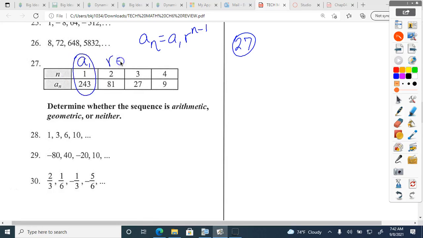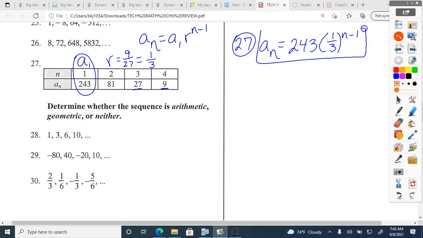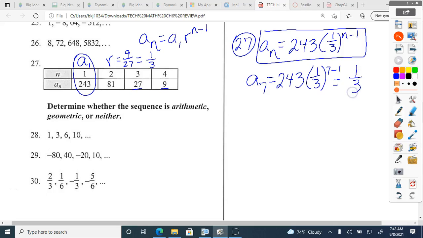And then r, I will use these two numbers right here, 9 and 27, would be 9 over 27, and that is 1 over 3. So r is 1 over 3, a sub 1 is 243, and we just plug in. So my equation would be a sub n equals 243 times 1/3 to the n minus 1 power. And then a sub 7, you just plug in 243 times 1/3 to the 7 minus 1 power. That would equal 1/3 if you put that all in your calculator.